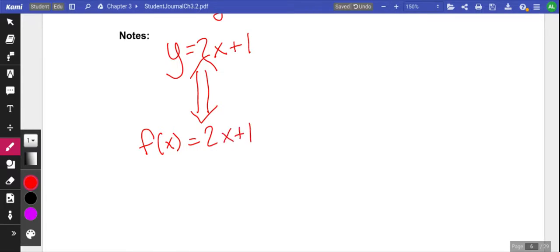Okay, and people get all confused. They do great, and then the second they see that f of x, they think I'm multiplying f and x. They think that f is a variable. They get very tripped up by this. Okay, it's not saying f times x. It's saying this function, which we're going to call f, and it doesn't always have to be f.